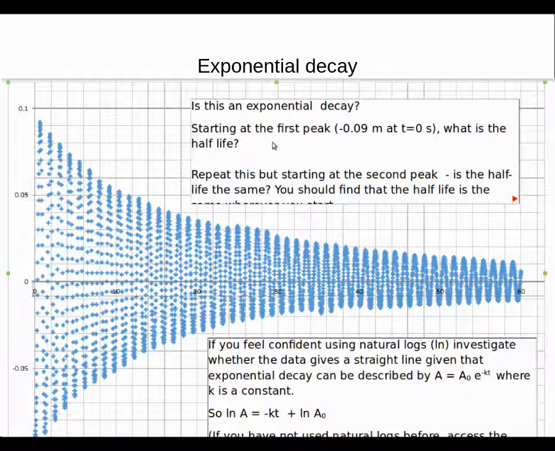Now, the heading for this is exponential decay, and that's because the curve mapped out by the changing amplitudes follows a very mathematical curve called exponential decay. At this stage, we haven't done a lot of exponential work.